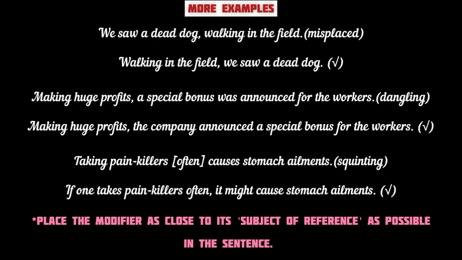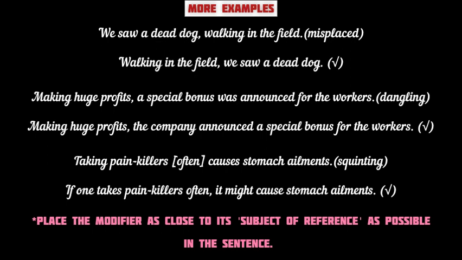Making huge profits, a special bonus was announced for the workers. In this sentence, the participle phrase "making huge profits" is a dangling or unattached modifier. Why? Because this modifier has no subject of reference. It's not clear who made huge profits.